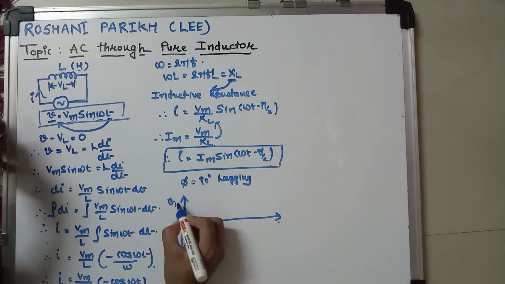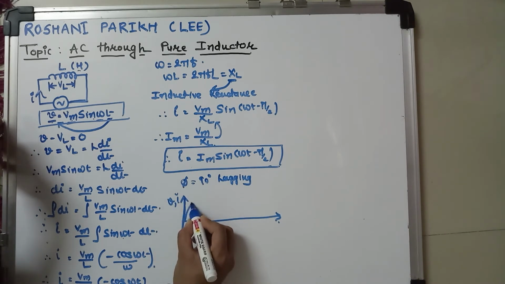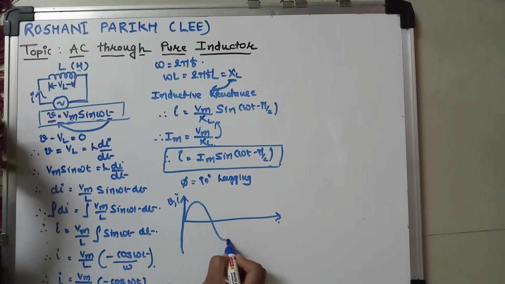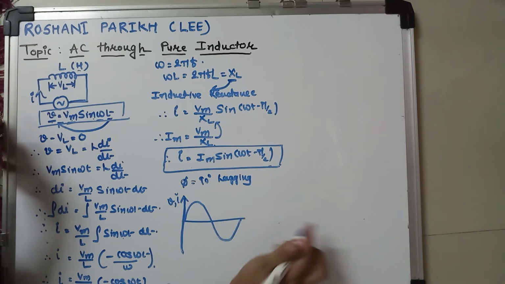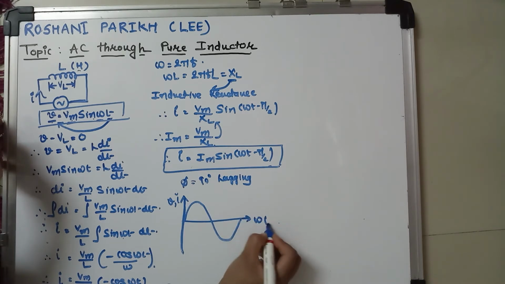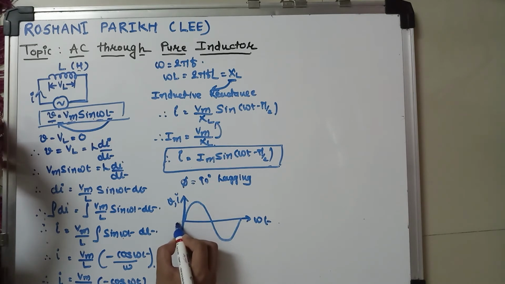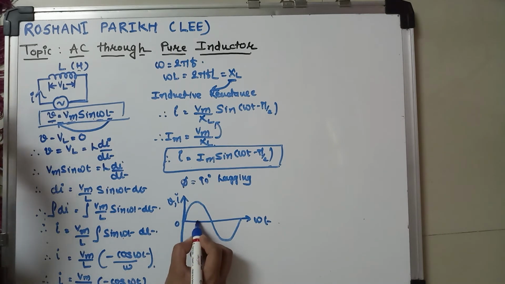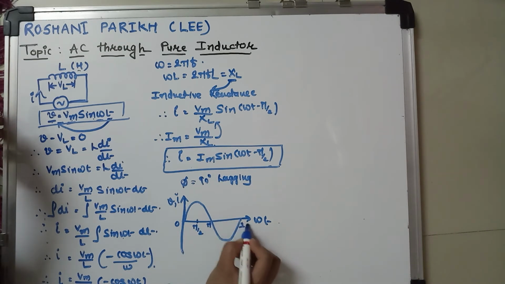Here V and I. Suppose I say here a voltage, and see, voltage starts from 0, here pi by 2, here pi, here 3 pi by 2, and here 2 pi.